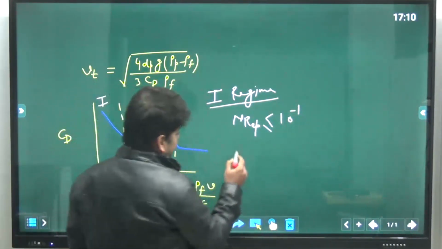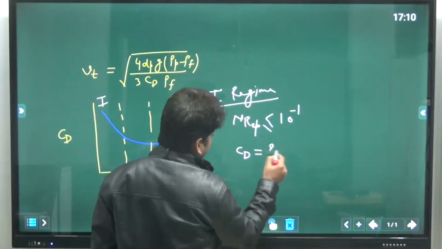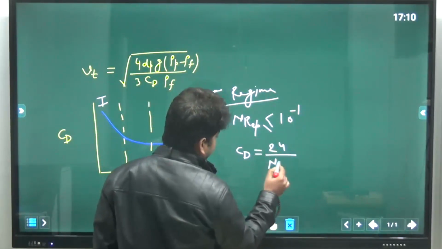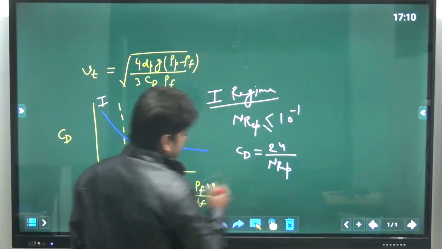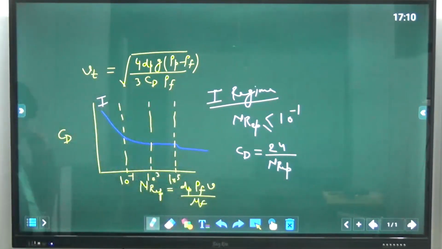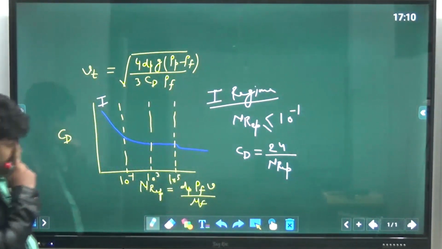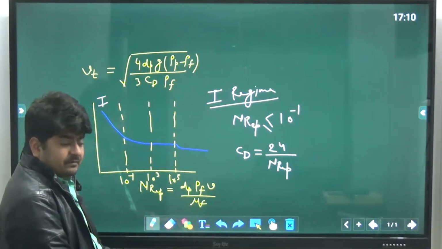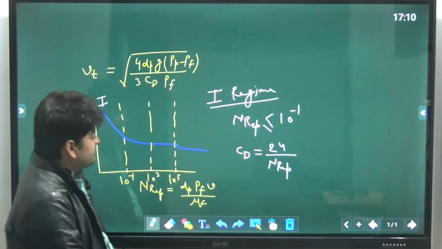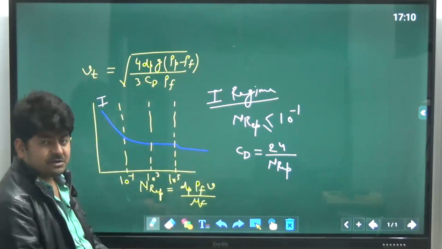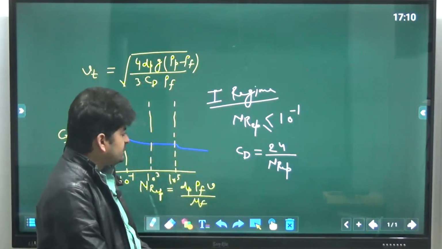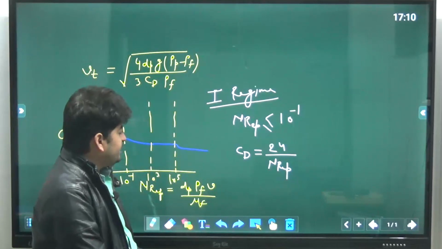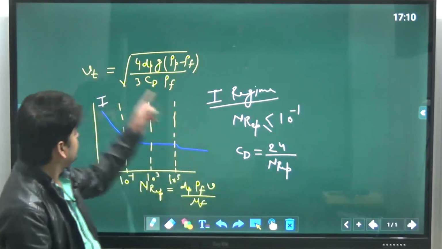In this regime CD is equal to 24 over NREP. When you put this value of CD in the expression, CD equals 24 over NREP.